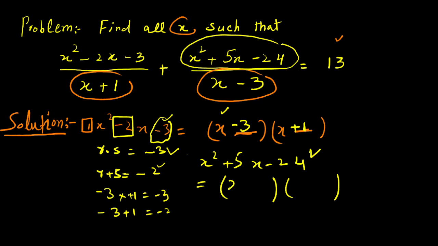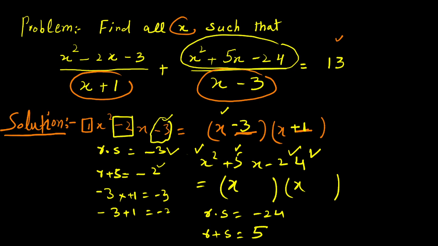Okay, so you will put x here because x multiplied by x will be x square, and now you have to find two constants r and s whose product is this constant minus 24, and whose sum r plus s is equal to the coefficient of the linear term, that is 5.